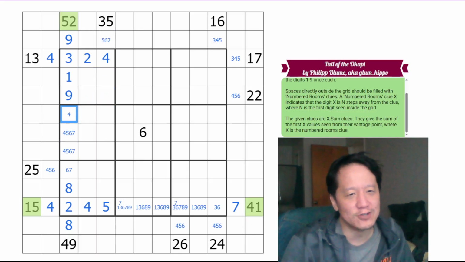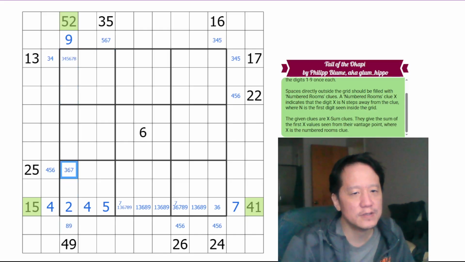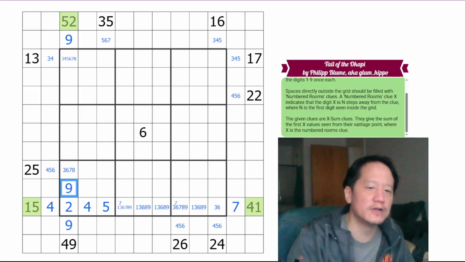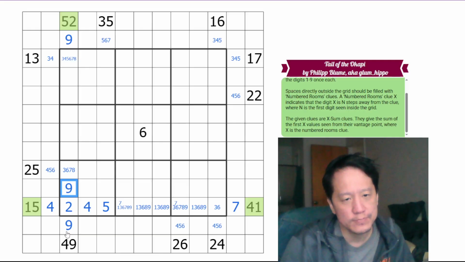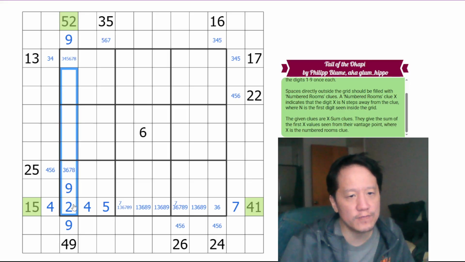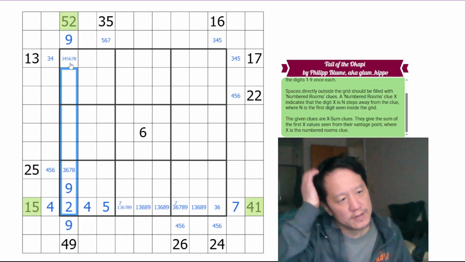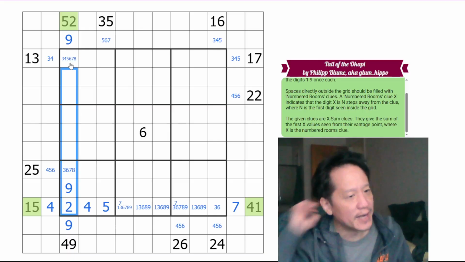So let's look at the other path, essentially. Okay, say this was 9. So we'd have 9 here, 9 here. We have all the digits, so these digits plus 9 adds up to 49. So that must mean that we are missing a 5, right? 49 minus 9 is 40. 45 minus 40 is a 5.